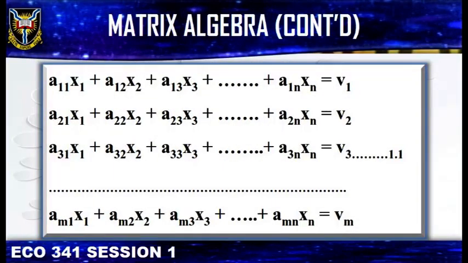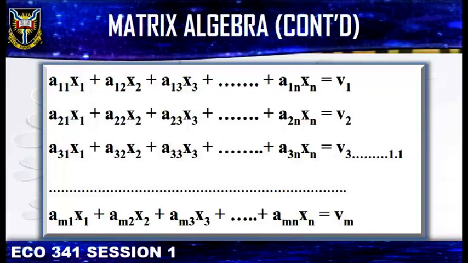Such a linear equation system can be written as follows: a11x1 plus a12x2 plus a13x3 plus ... plus a1n(xn) is equal to v1. a21x1 plus a22x2 plus a23x3 plus ... plus a2n(xn) equal to v2. a31x1 plus a32x2 plus a33x3 plus ... plus a3n(xn) equal to v3.